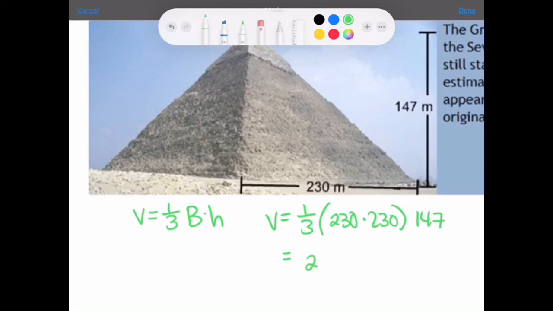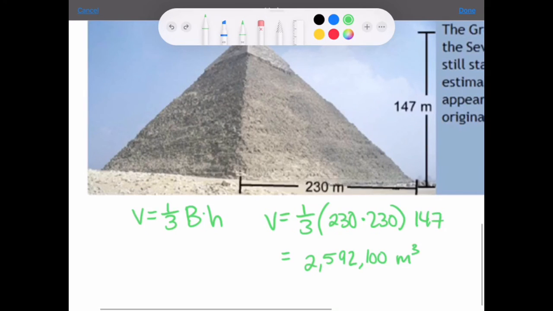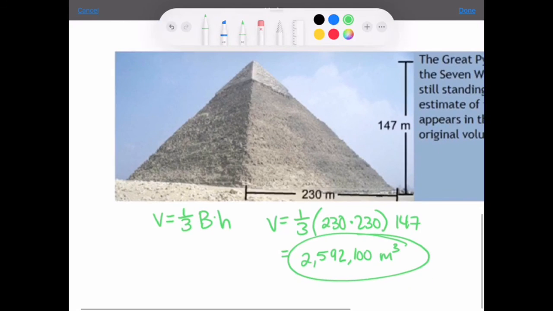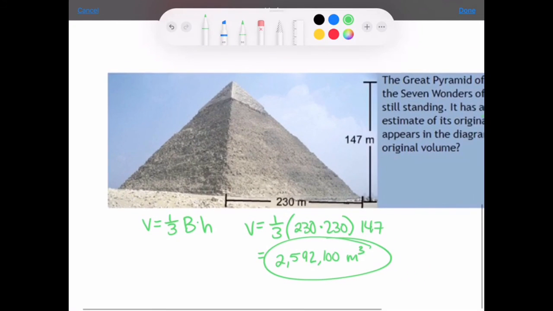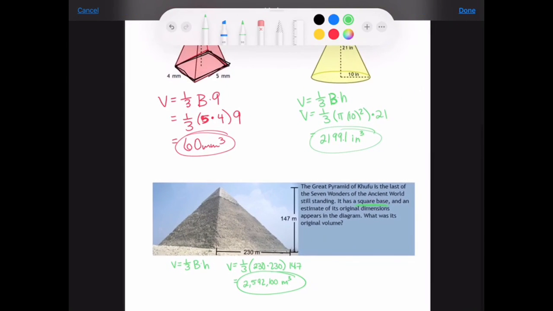We end up with 2,592,100 meters cubed. So this is awesome because this is real life. It's something to be curious about: how much space are we taking up? We can do it for all different kinds of shapes and buildings and whatever.